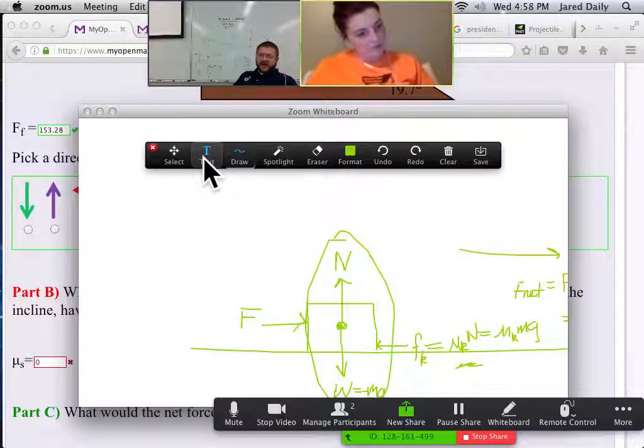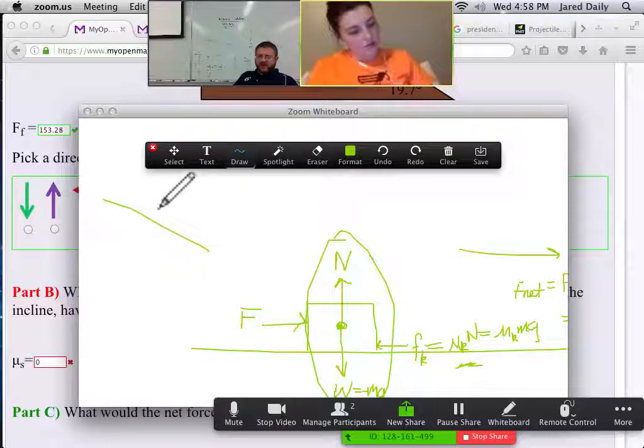So it would have looked like this. You'd have the weight in the parallel direction pointing down this way. You'd have the frictional force, static friction, pointing up this way.